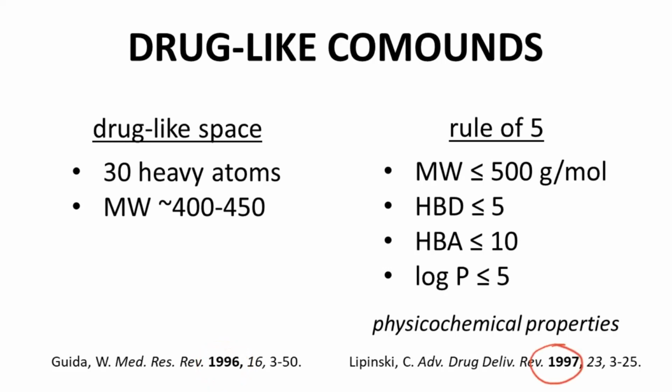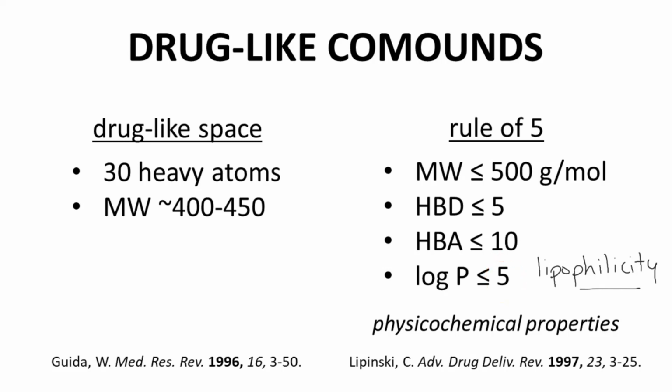In 1997, Lipinski and co-workers published a set of criteria now known as Lipinski's rules, or the Rule of Five, which say that oral drugs should have a molecular weight of 500 or less, no more than 5 hydrogen bond donors, no more than 10 hydrogen bond acceptors, and a log P, a measure of lipophilicity, no higher than 5.